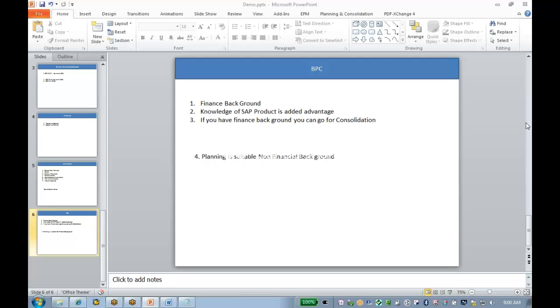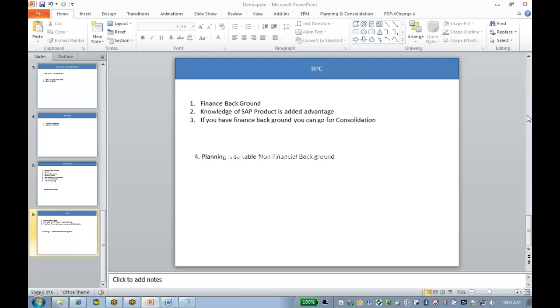When you say demand, you mean the expertise in consolidation is more in demand. Yes. But SAP is selling more planning licenses, meaning they will sell the BPC product. Clients are going for planning first, that I can say.